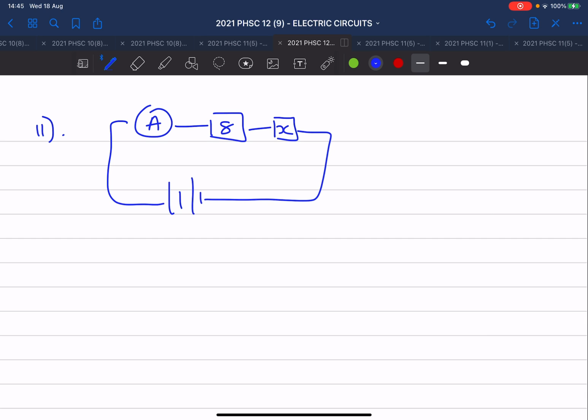Right, so you redraw the circuit, you write down everything they give you. Then we start.